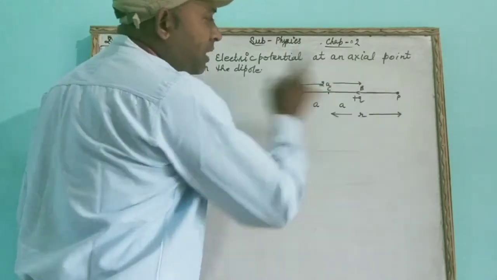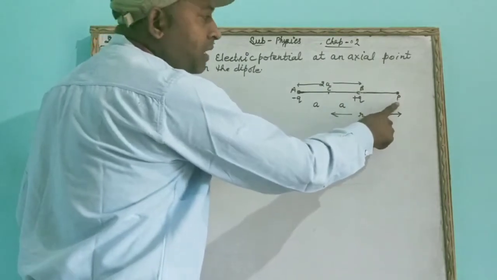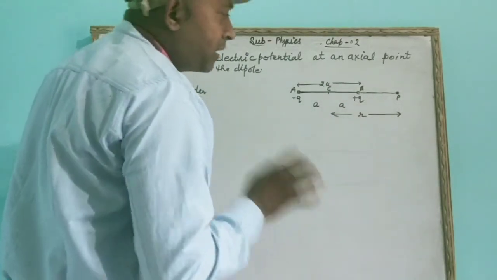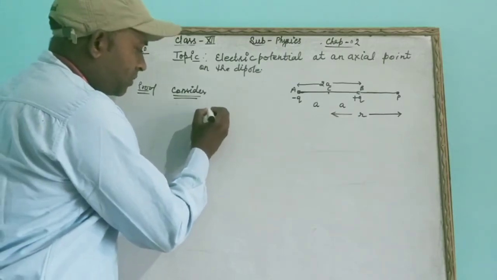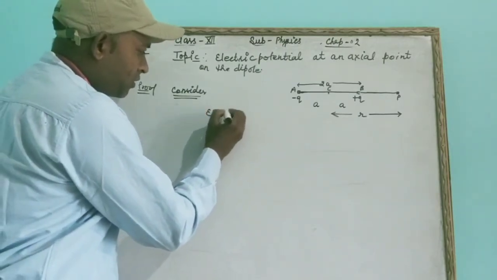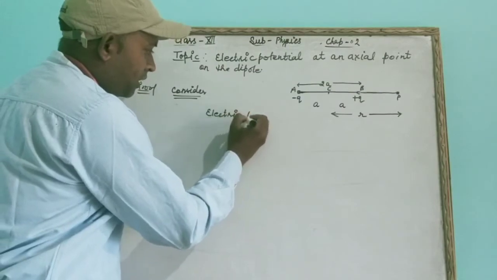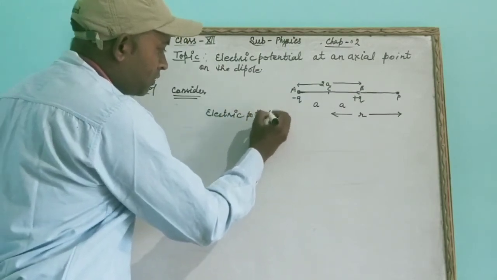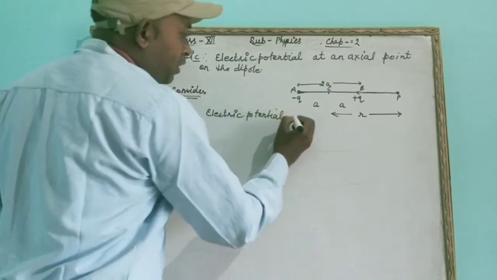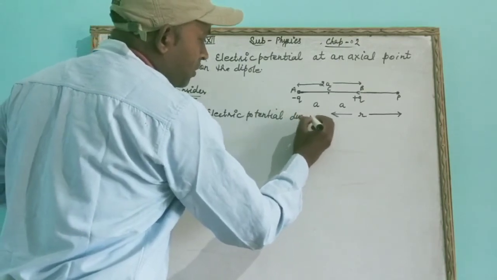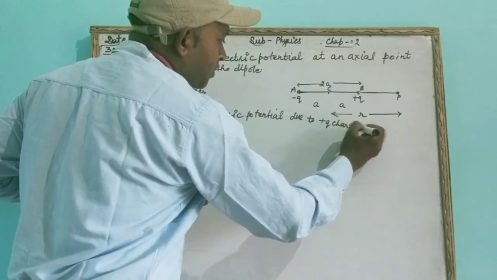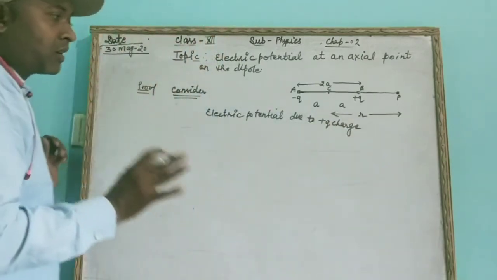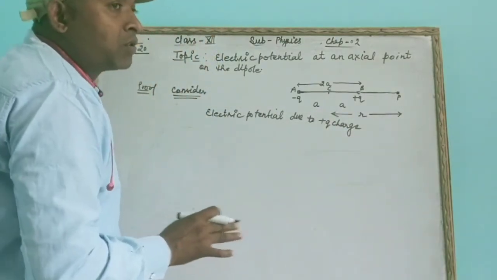We have to calculate the potential at the point P. So now V1 means the electric potential due to the positive charge q, on the basis of the formula due to a point charge.